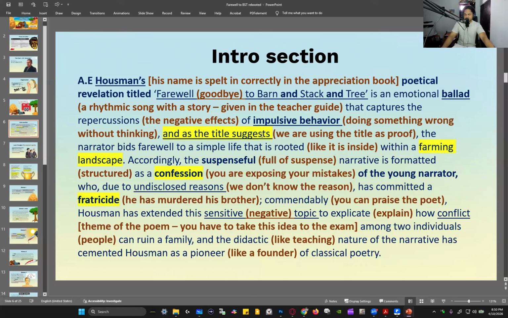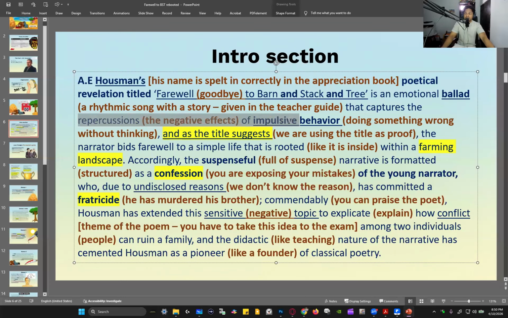As the title suggests, one more time, repercussions of impulsive behavior. If you are impulsive, there will be negative effects. In Sinhala, we say, hadisi tirana. If you behave impulsively, there will be negative repercussions.